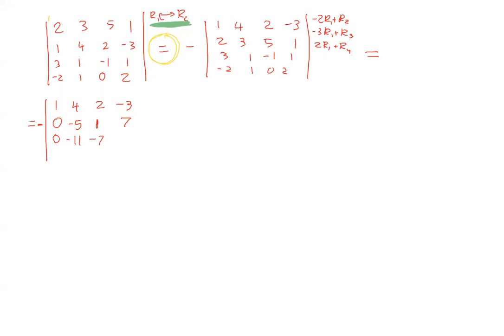Negative 3 times -3, that's 9, plus 1, that's 10. And I do the last one, which will give me 0 here. And I have 2 times 4 is 8, plus 1 is 9. 2 times 2 is 4, plus 0, that's 4. And 2 times -3 is -6, plus 2 is -4. Are there any questions so far?